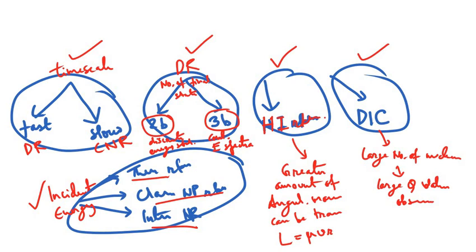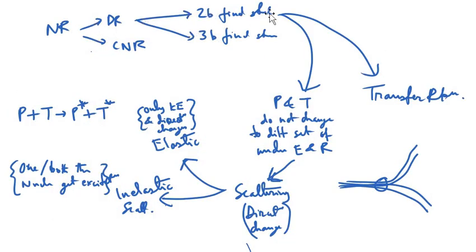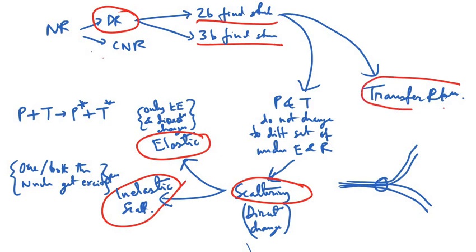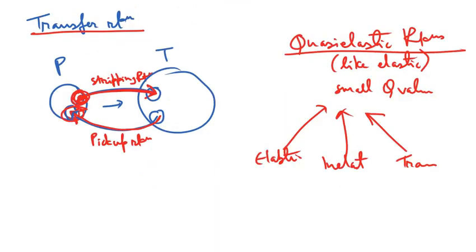Then again we talked about the 2 body and 3 body final states. In the case of 2 body final states, direct reaction mainly, we talked about scattering, elastic scattering, inelastic scattering, and we also talked about transfer reaction.